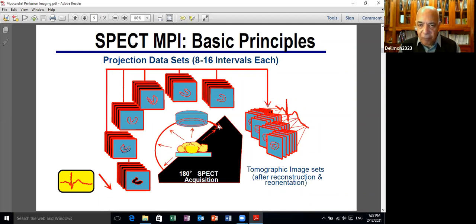And the machine forms from these pictures a four-dimensional structure: X, Y, Z, and time. And then it divides it in three ways: short axis views, vertical long axis, and the horizontal long axis. And I will show you that.